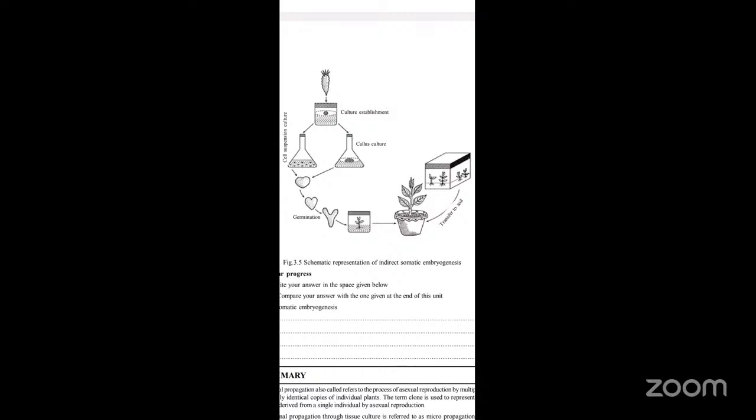This is morphogenesis. So, anatomical and physiological events are involved in the growth and development of an organism.